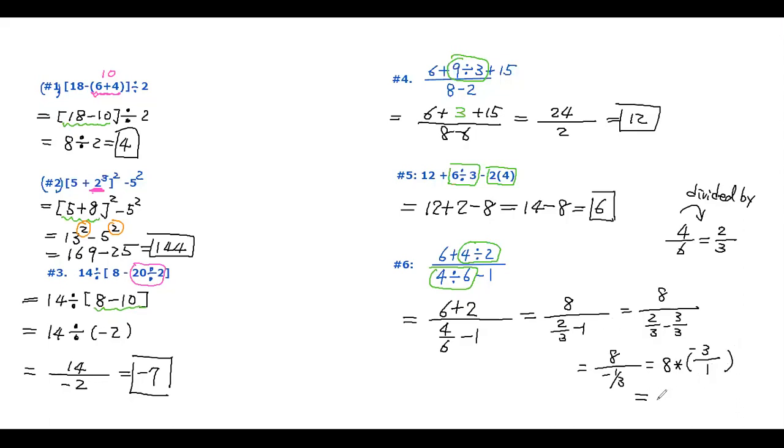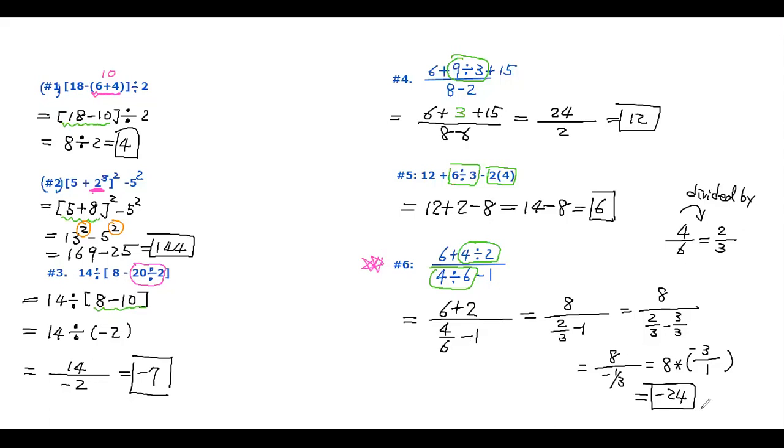So now the final answer is negative 24 here, right? This problem is a pretty good problem to help you review what you learned in Algebra 1: how to subtract fractions, and how to simplify complicated fractions.